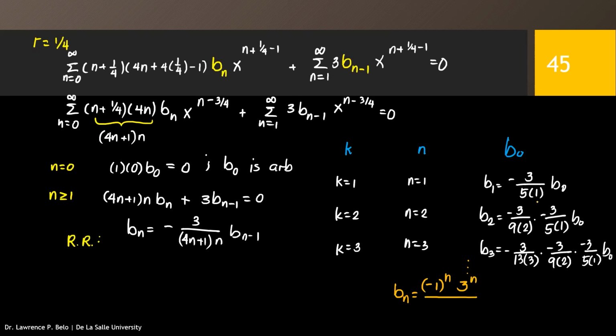And then what you'll notice is that 1, 2, 3, there's n factorial, but there's 5, 9, 13. So let's just write that 5 times 9 times 13, and then that is 4n plus 1, all of them with b sub 0.